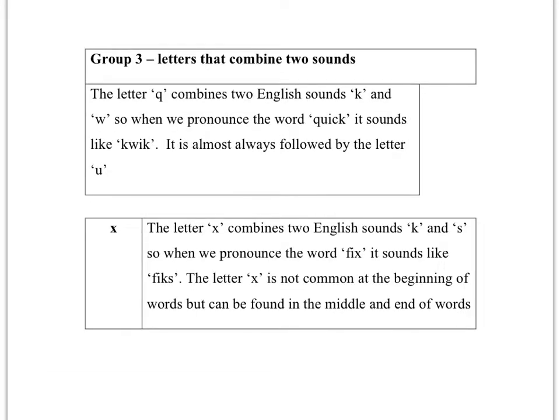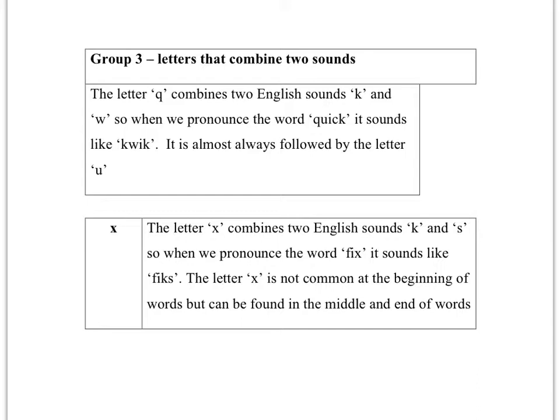So finally, let's look at group 3, and these are letters that combine two sounds. The letter Q combines two English sounds, K and W. So when we say a word like quick, it sounds like K-W-I-K, but it is spelled with Q-U-I-C-K.